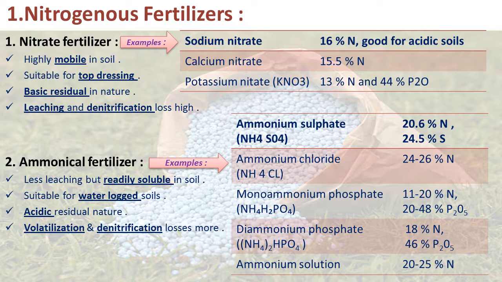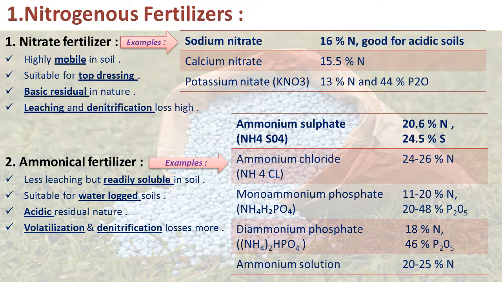And next is ammonium chloride, NH4Cl, and it contains 25.5% of N. It is acidic residual in nature, and it is extensively used in paddy crops. And other examples are already given. One of the most important is volatilization. What is volatilization?